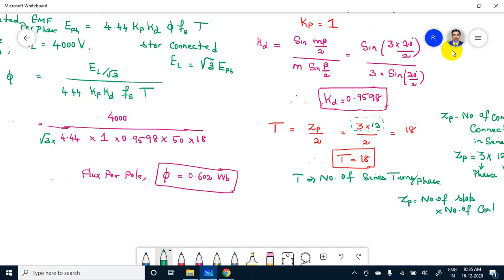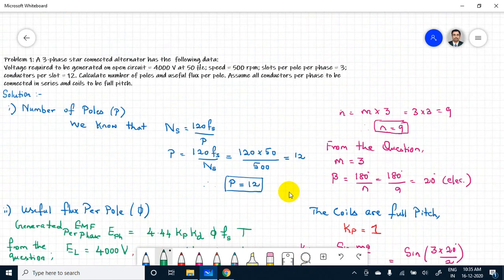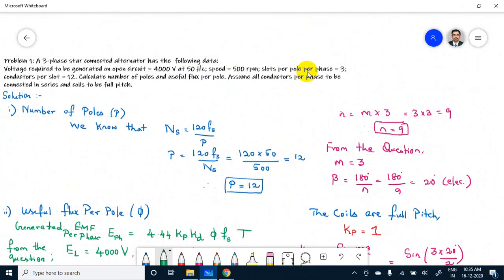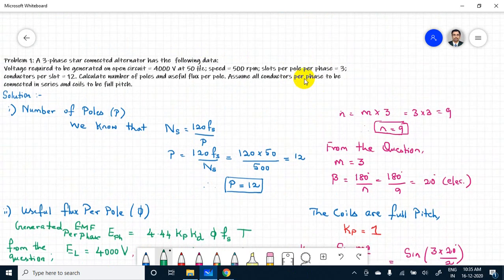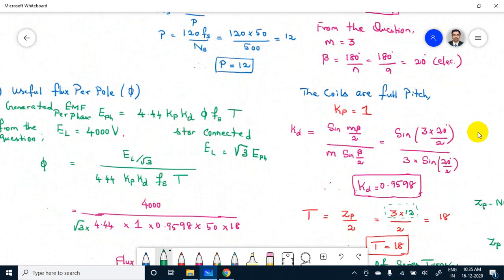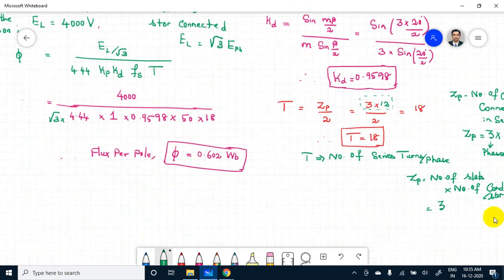How many slots are there? It should be 3, right? In your question it is there. Number of slots is 9, sir. Okay, it is 9, right? Number of slots.